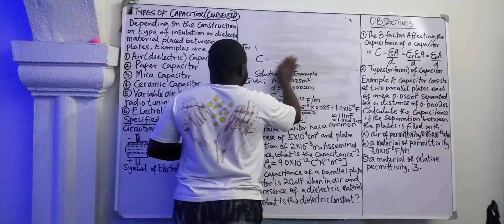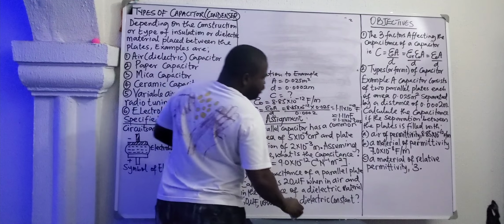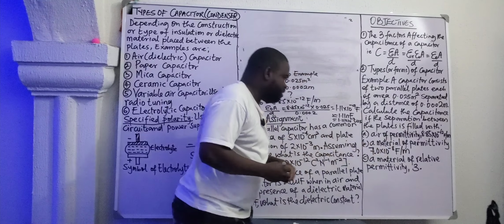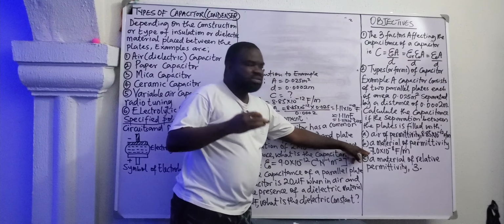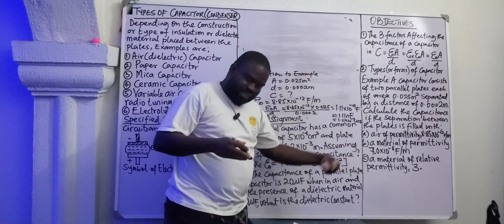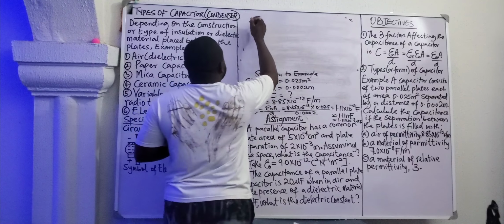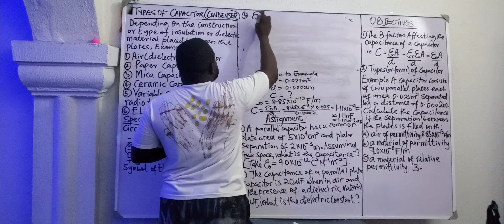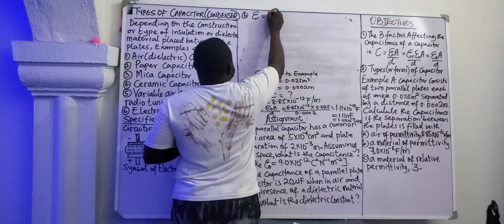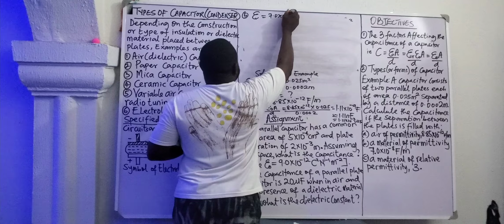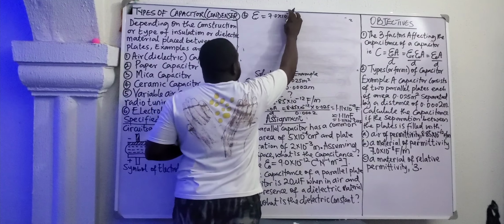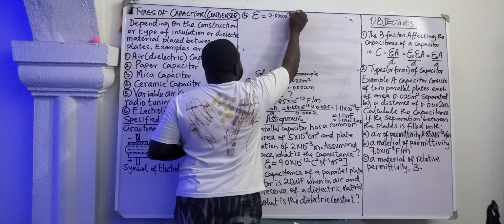Let's take the second option. They say it is now made up of a known material whose permittivity is given. So in this one, this is not vacuum. It's a particular material, which means the permittivity of that known material is given to us as 7.0 times 10 raised to the power of minus 8 farad per meter.